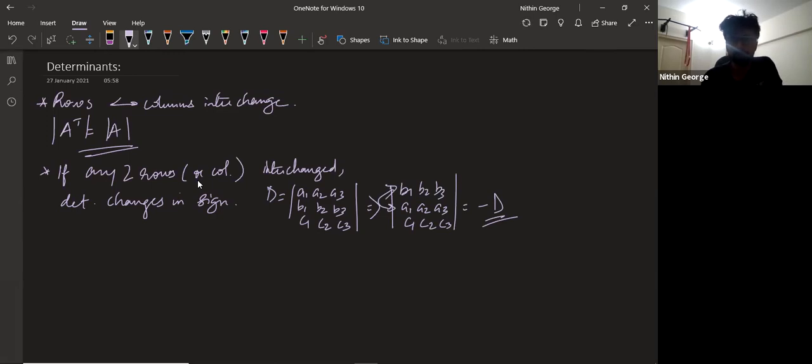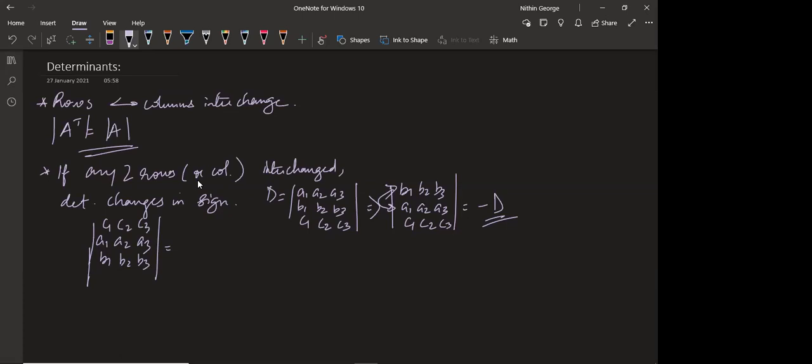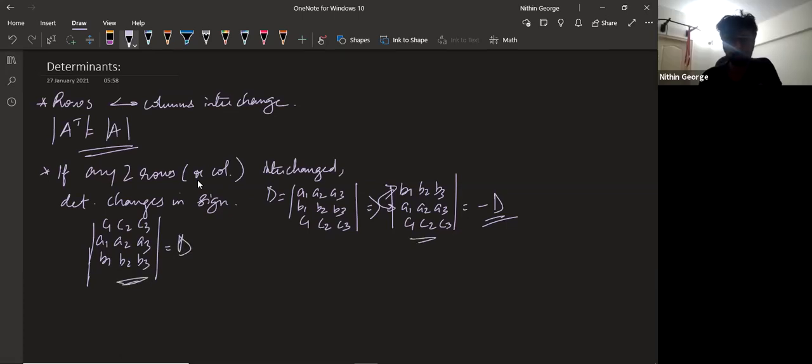So if you had something like this, A1, A2, A3, B1, B2, B3, C1, C2, C3, what's the determinant of this? D, sir. It'll be D again. So this differs from the previous one by changing the first and the last row.